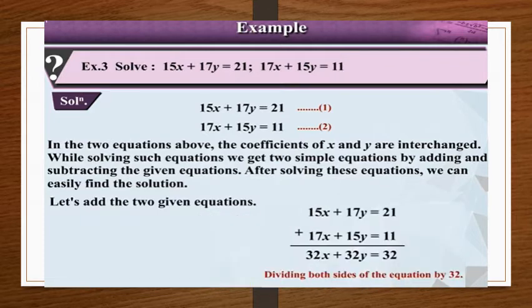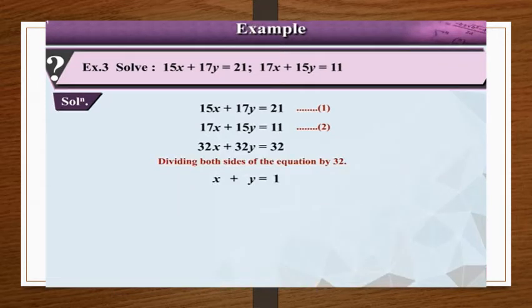Now if you see, we have 32 in all three terms as a common factor. So can we divide the entire equation by 32? After dividing the entire equation by 32 we will get x plus y is equal to 1. This is the equation which we got by adding the above two given equations. Let us number this equation as equation number 3.